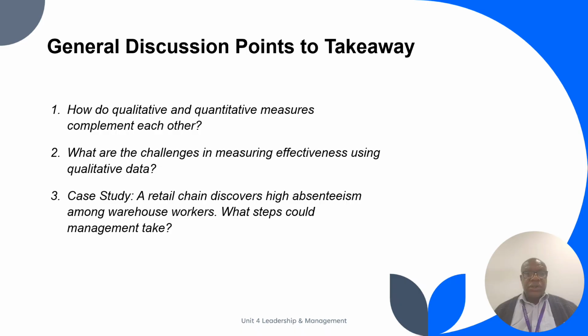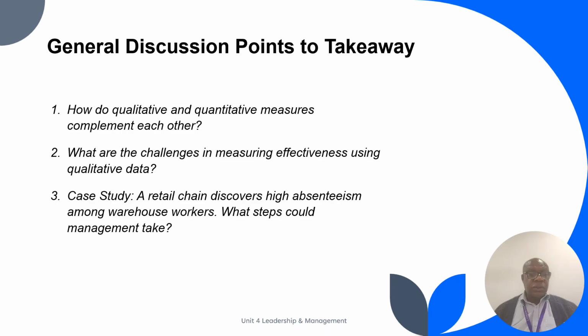General discussion that you can take away with you as homework, even though I have model answers, but I want you to look at this objectively. How do qualitative and quantitative measures complement each other? What are the challenges in measuring effectiveness using qualitative data? And a case study: a retail chain discovers high absenteeism among warehouse workers.